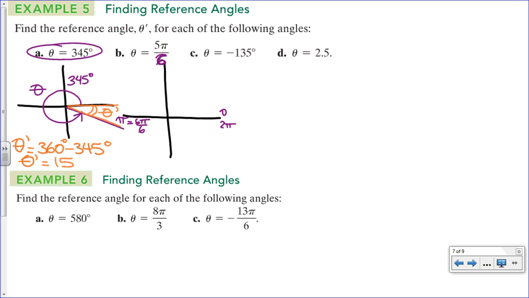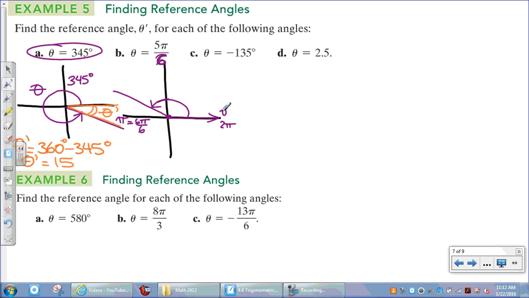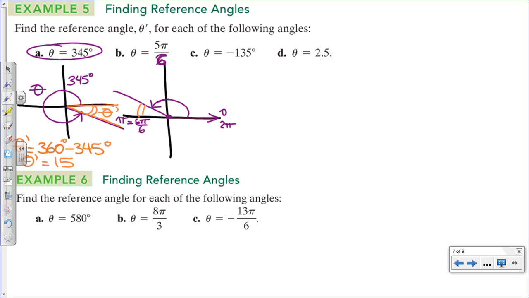Since we want to plot this angle 5 pi over 6, it's going to start here in standard position. And it's positive, so we go counterclockwise. And are we going to go before or past pi? Before, right? So right here, that would be the reference angle.